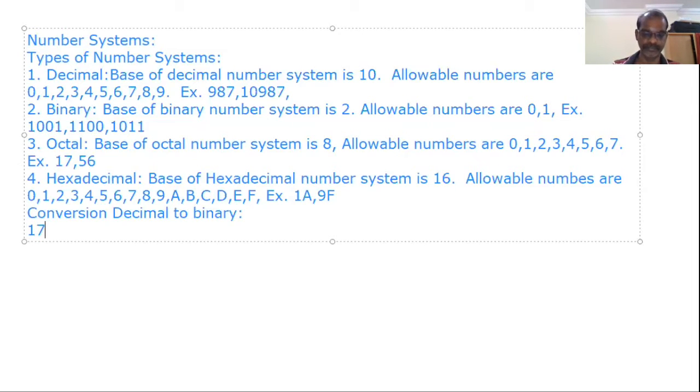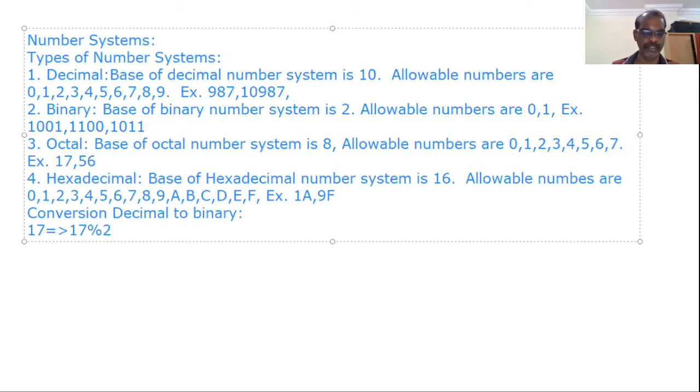That means this 17 should be continuously divided by 2. Since we are converting decimal to binary, the base of the binary is 2. So this 17 should be continuously divided by 2.